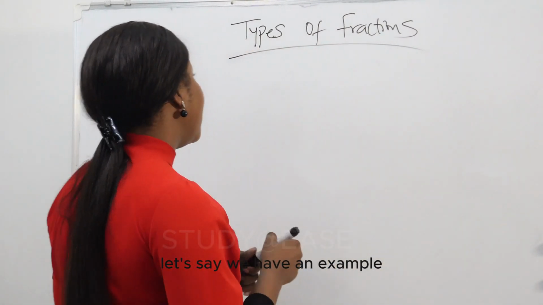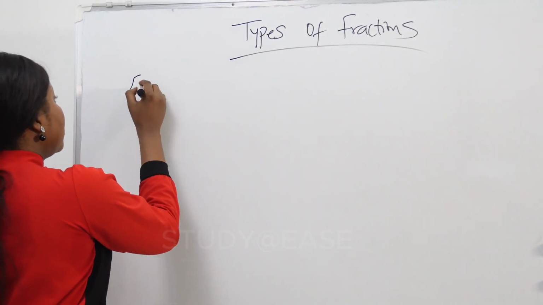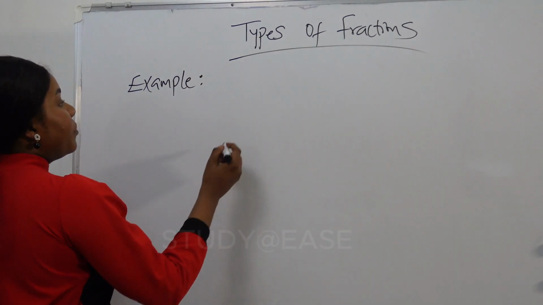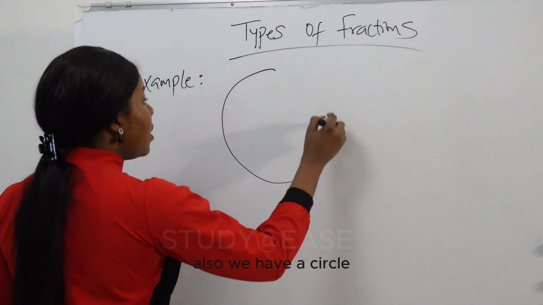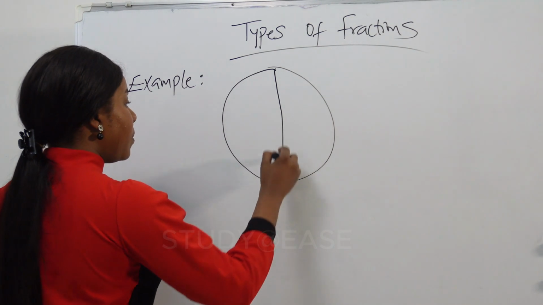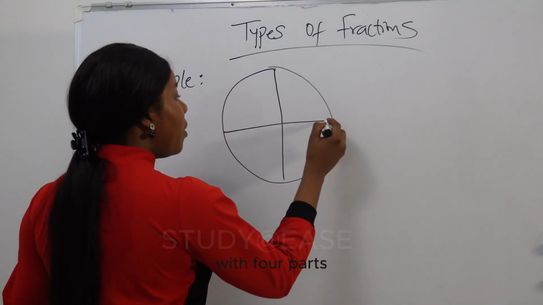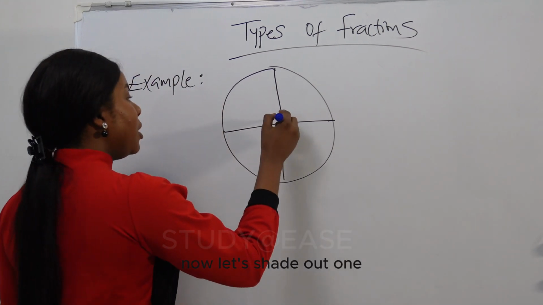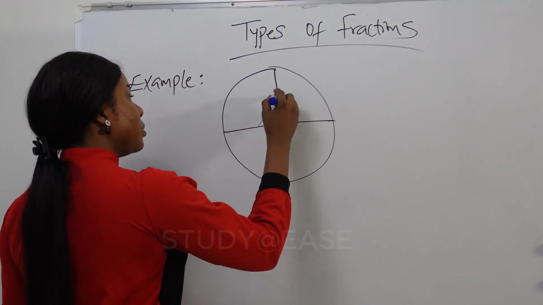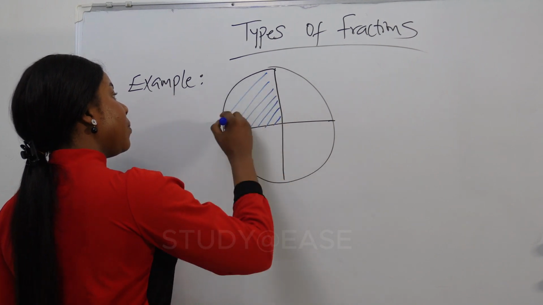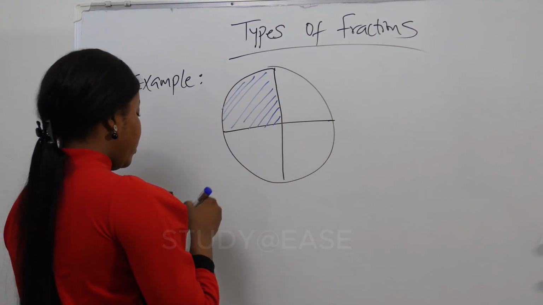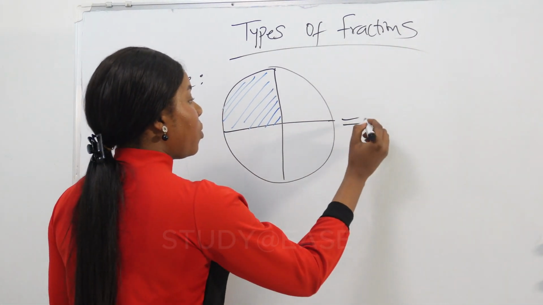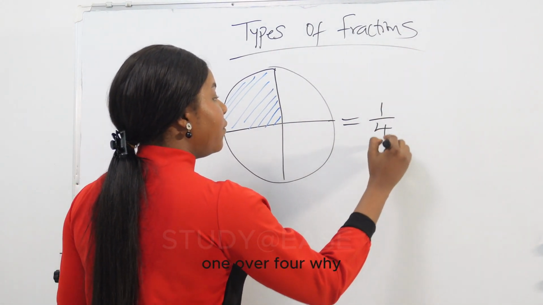Let's say we have an example. Let's say we have a circle with 4 parts. Now let's shade out one. So this will be equal to 1/4.